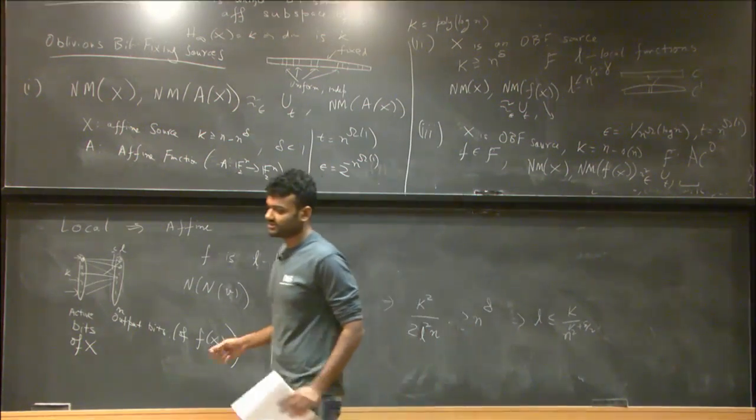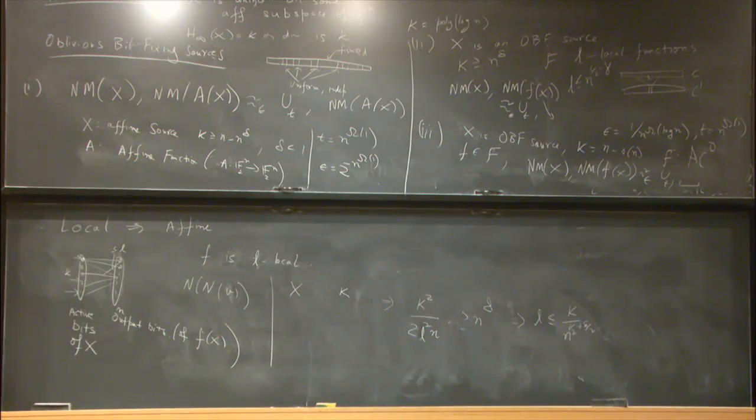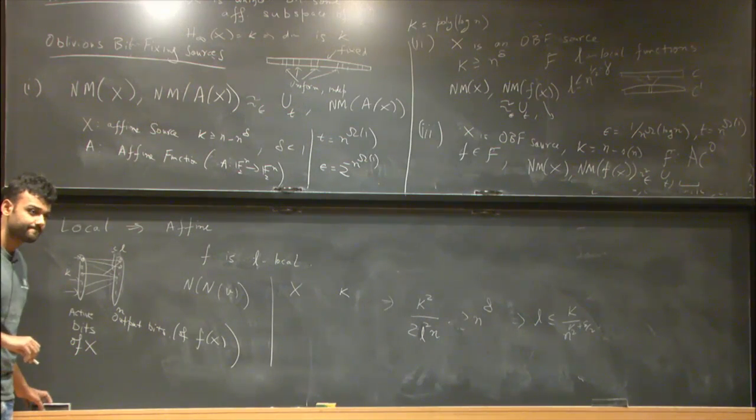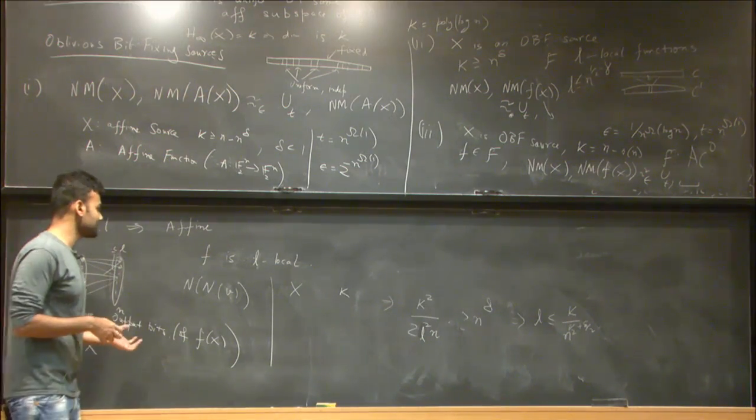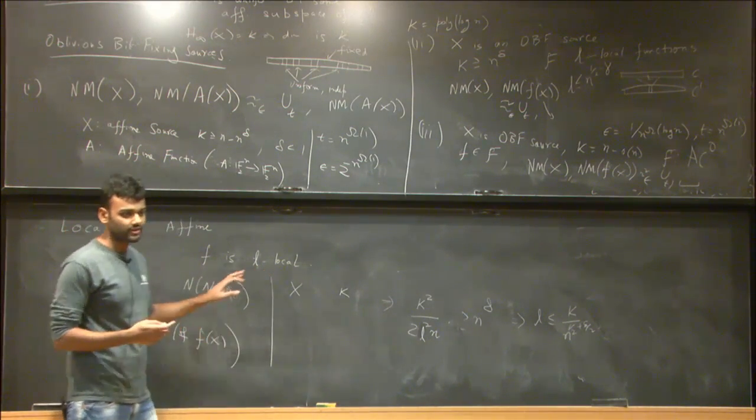So this reduction is pretty easy. But why is this affine? The bits may still compute an arbitrary function of the non-active bits. Right, good. What we have done is change from L local to one local.